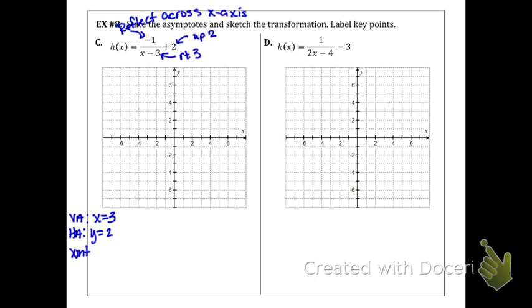X-intercept, got to go do some work. So let's see, so we have negative 1 over x minus 3 plus 2 over 1.